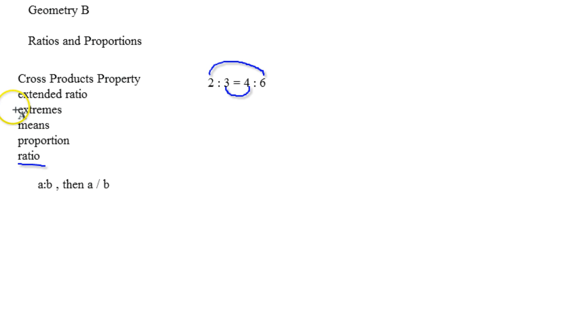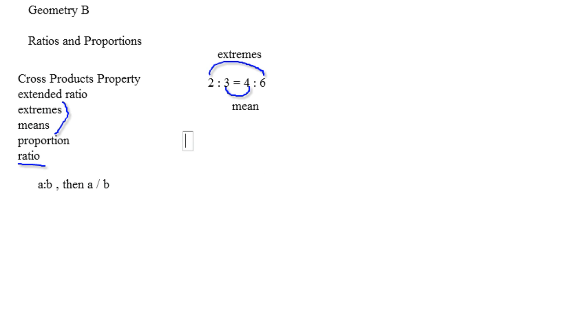Now, if I were to write out two ratios and compare them, I would have some extremes and means. So these two on the outside are extremes, and these two on the inside are means. And here's the cool thing.